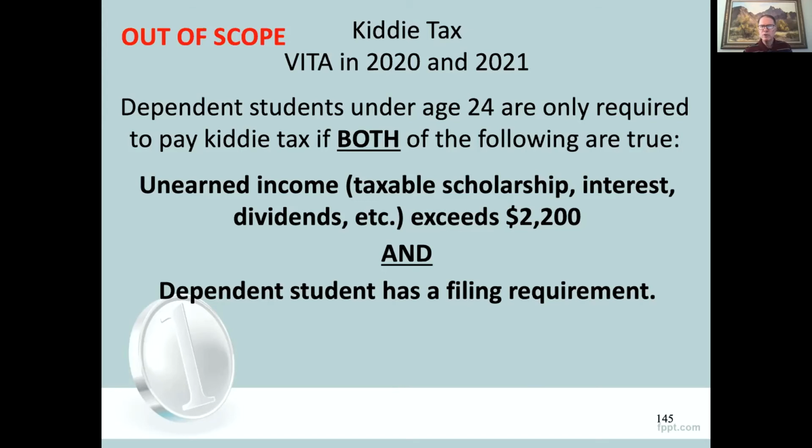Do you have a W-2? Do you have a job? Do you have more than $12,550 that would require you to file? And if they've got $10,000, they don't have a filing requirement. They can still file. They can still get their withholding back, but they don't have a filing requirement. And since that condition isn't present, the Kiddie Tax is not enforced.